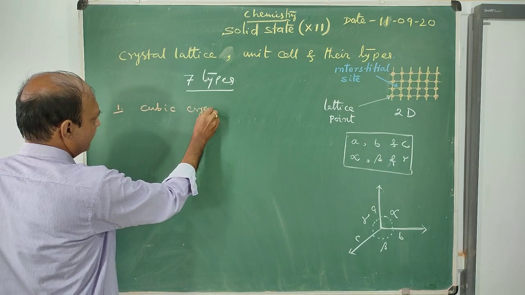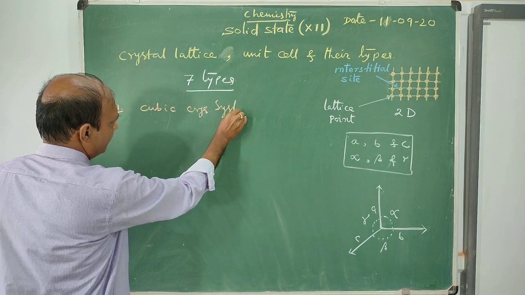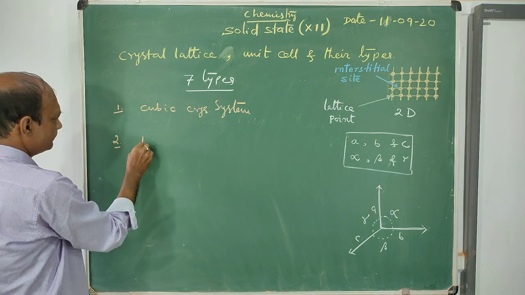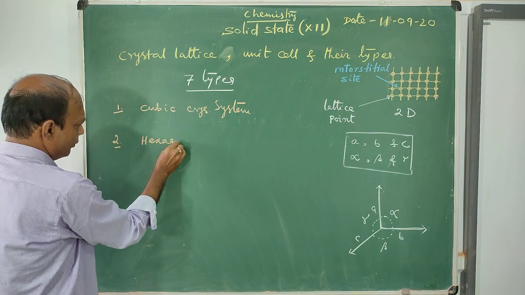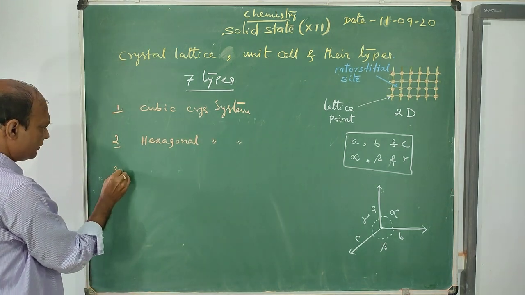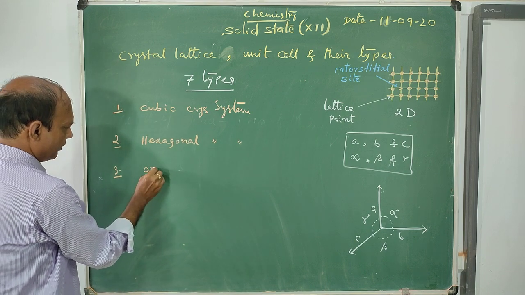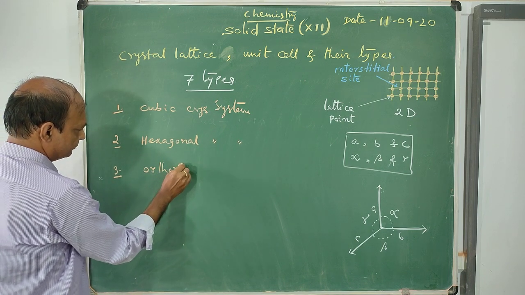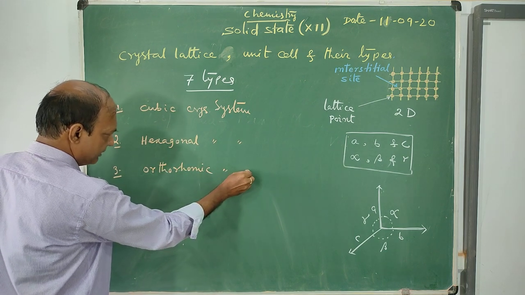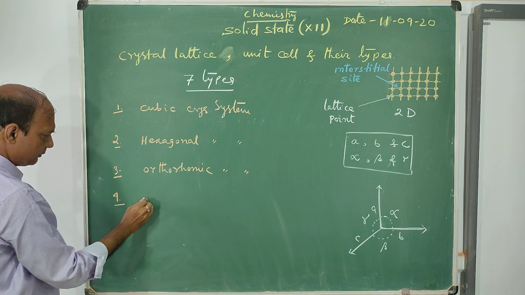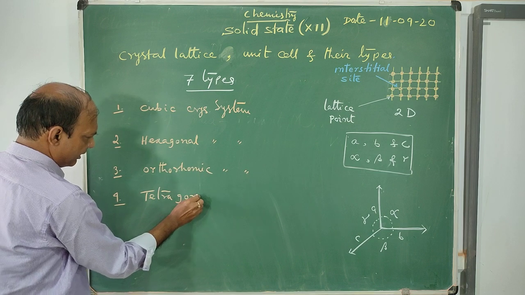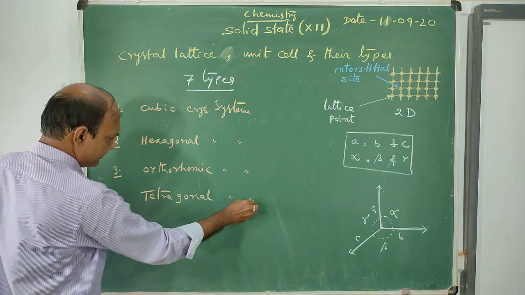crystal system, cubic crystal system. Number 2, hexagonal crystal system. Number 3, orthorhombic crystal system. Number 4, tetragonal crystal system.